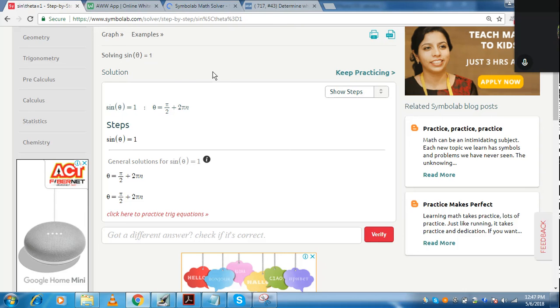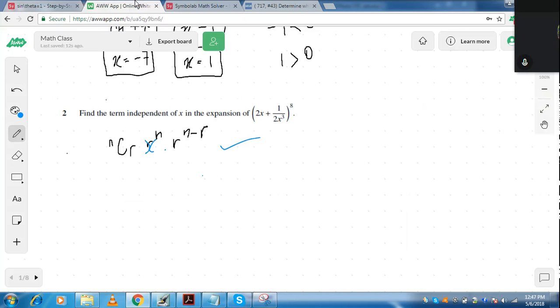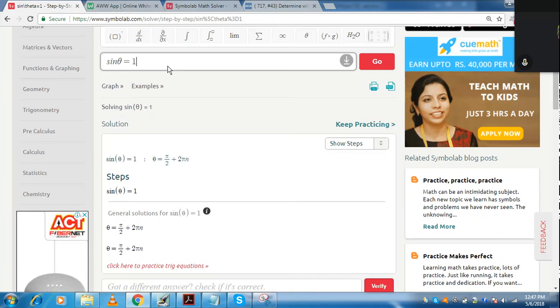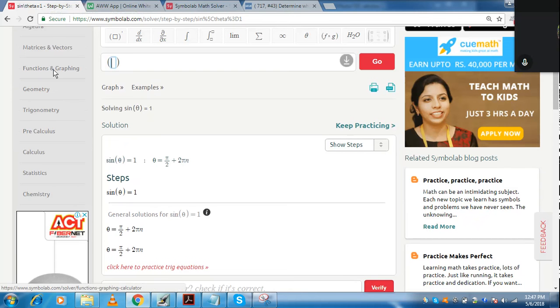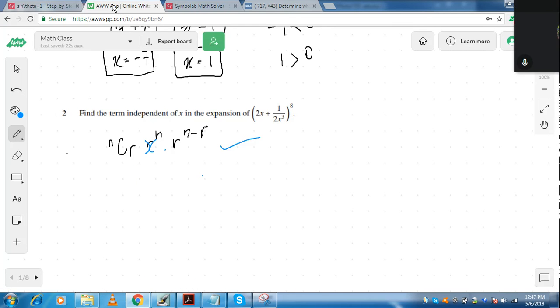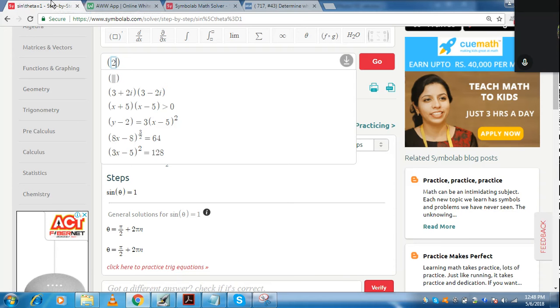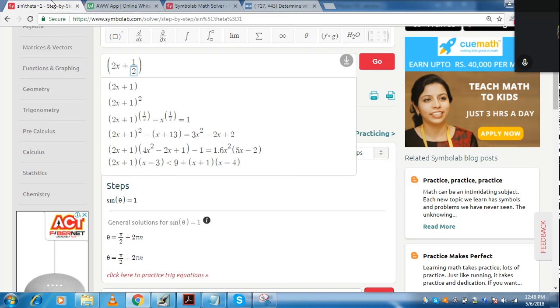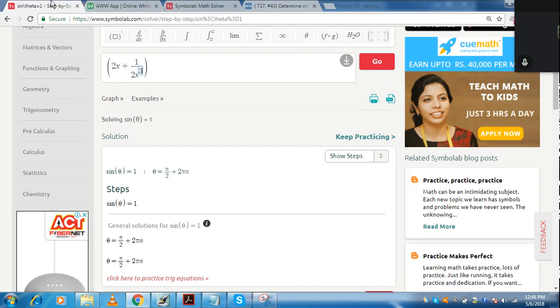Okay, 8. We are at nC0. Yeah, for the first term r is 0. What's x? It will be 2x, right? 2 power 8.